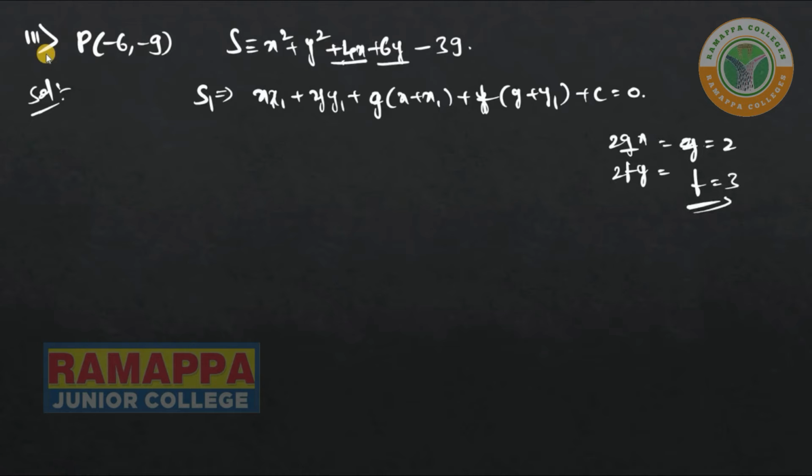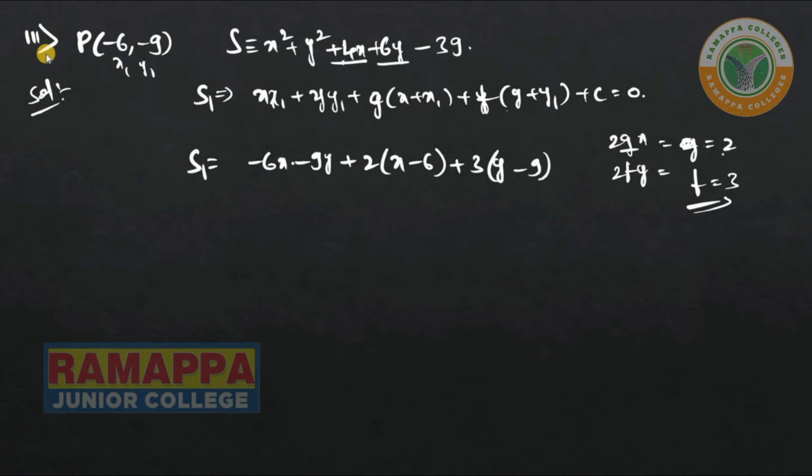Now c is equal to minus 39, already given. So we have to substitute the values in this formula. S1 is equal to x into x1, that is minus 6x, and minus 9y, plus 2 into g means 2 into x minus 6, plus f means 3 into y minus 9 here, plus minus 39 is equal to 0.